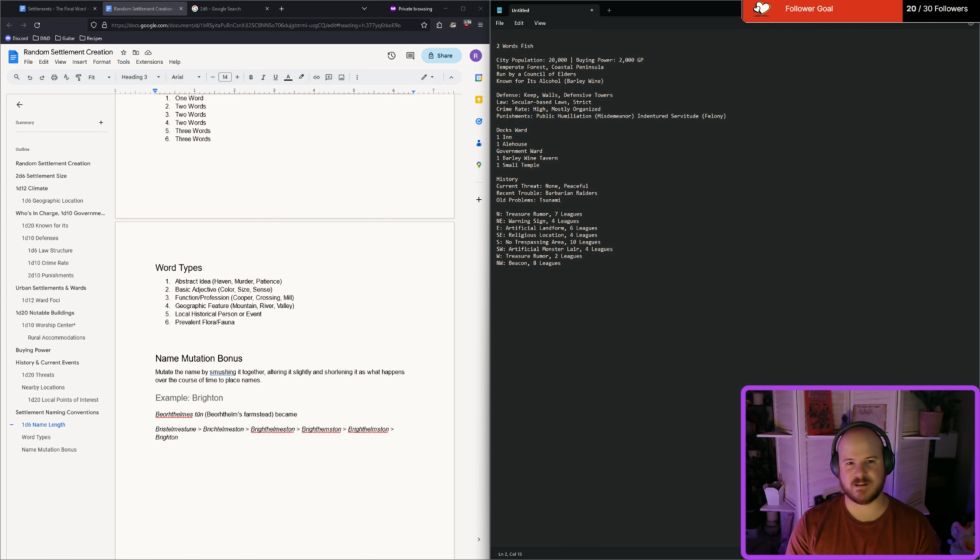And we know it's a forest. Maybe it's some sort of tree. Oh, that's a weird one to put together. I kind of want to re-roll it because that's so weird. They have both prevalent flora and fauna. Yeah, I think I'm gonna re-roll that.